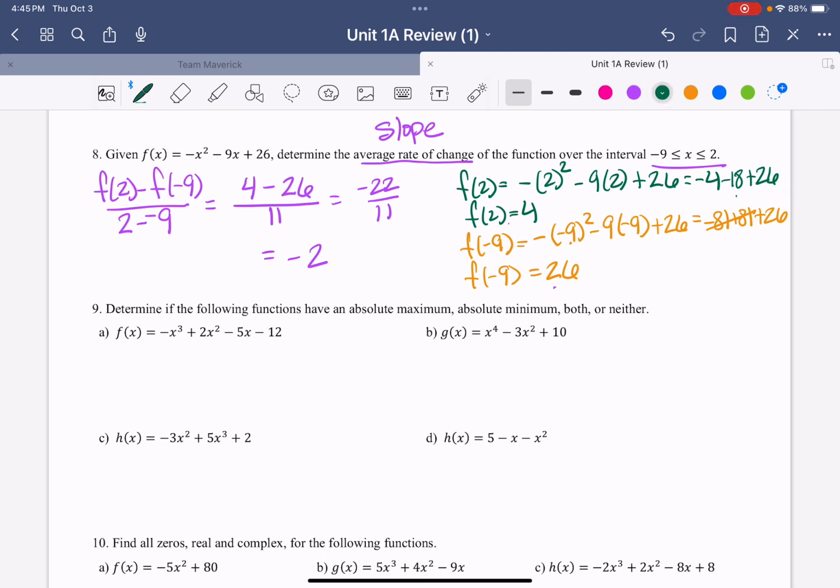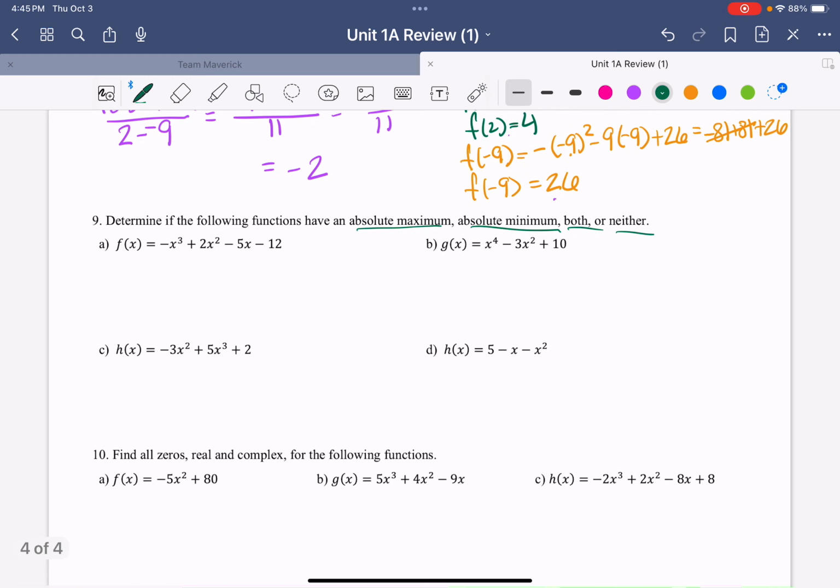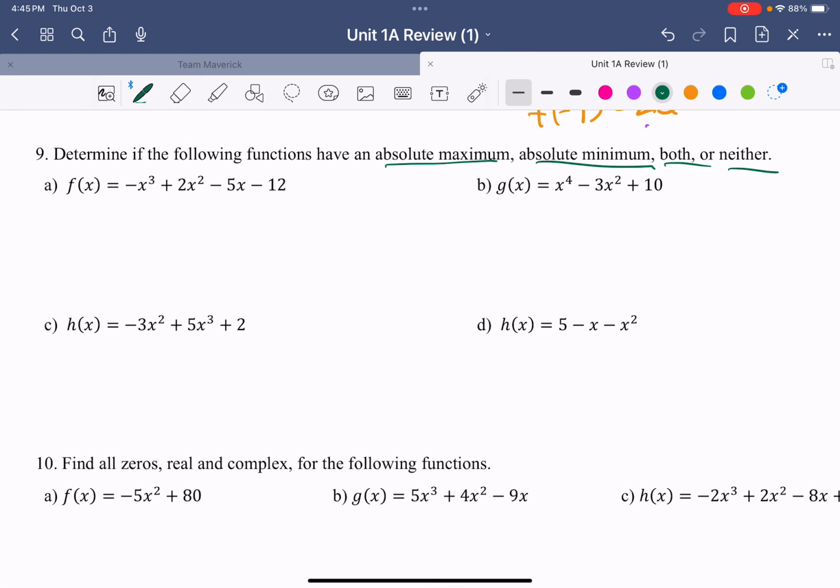Determine which of the following functions have an absolute maximum, absolute minimum, both, or neither. All right, so here again, we're basically just trying to figure out what the end behavior is. And so I look at my leading term. This is an odd degreed function. It's not an odd function, it is an odd degree function. The leading coefficient is negative, so the right-hand side goes down.